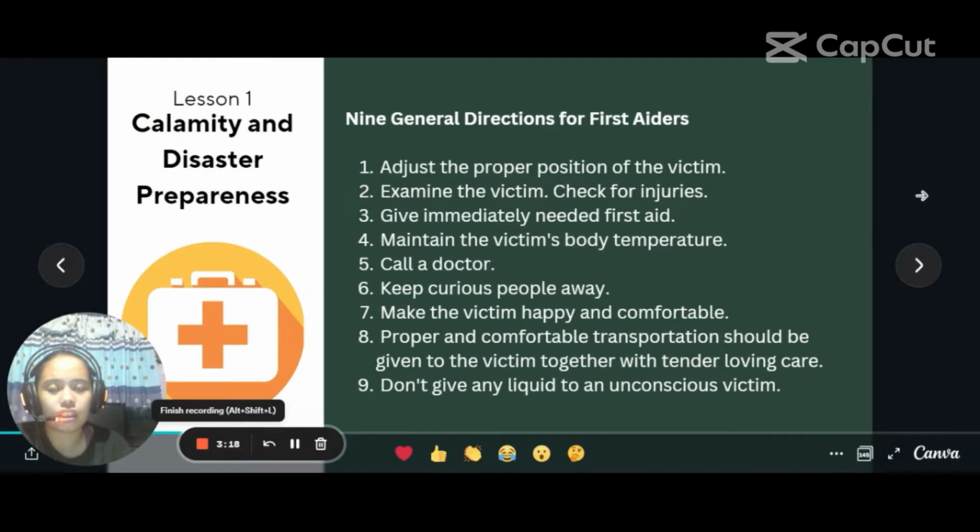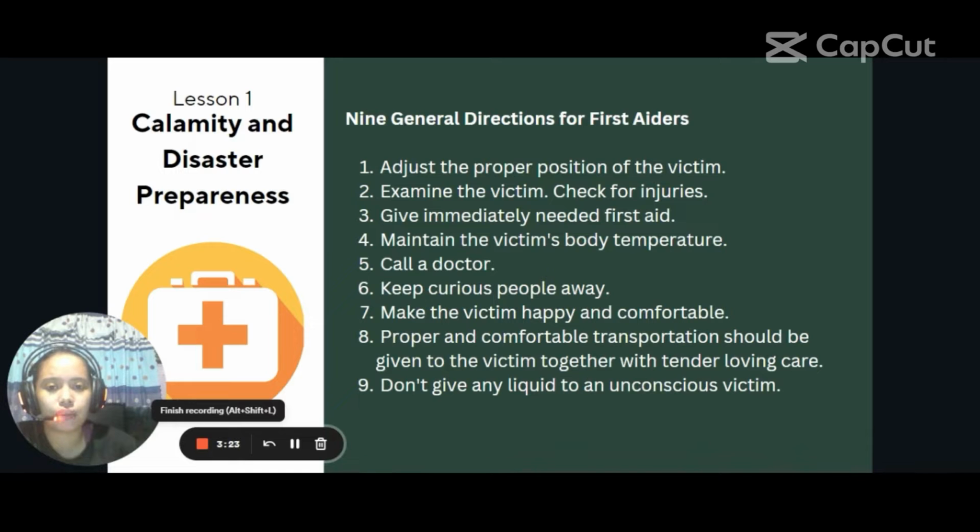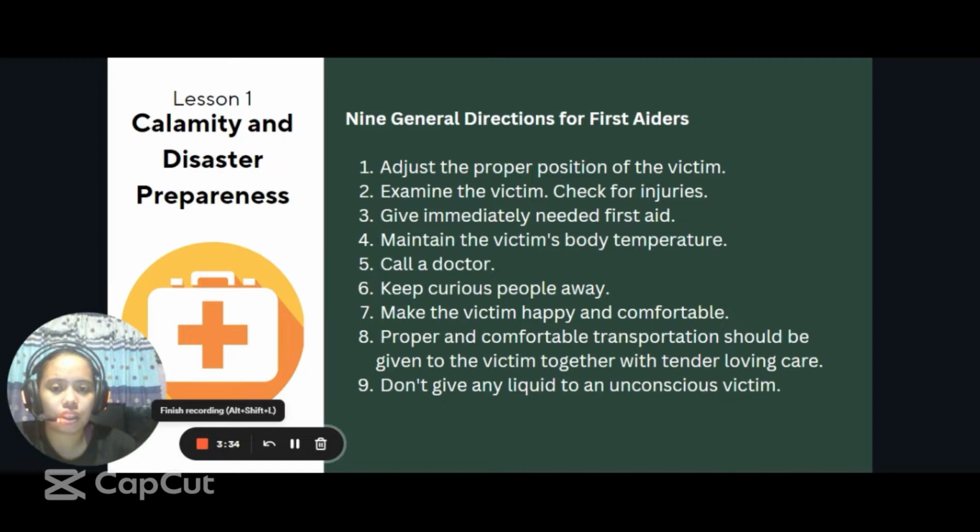So this is the 9 general directions for the first aider. Number one, adjust the proper position of the victim. Number two, examine the victim, check for injuries. Number three, give immediately needed first aid. Number four, maintain the victim's body temperature. Number five, call a doctor.